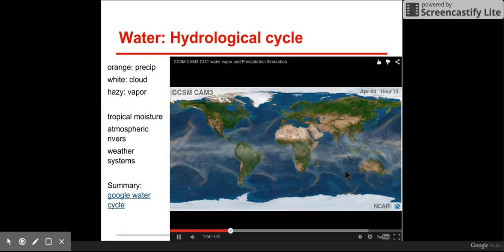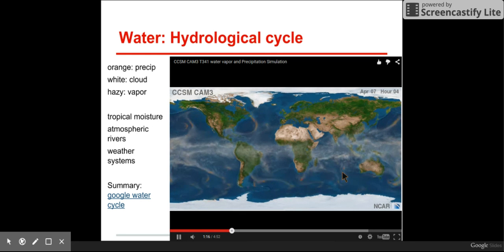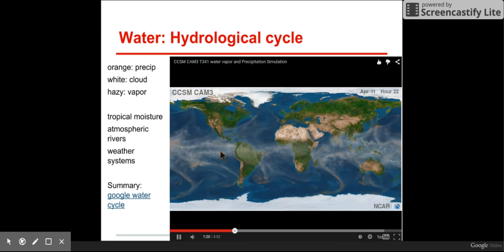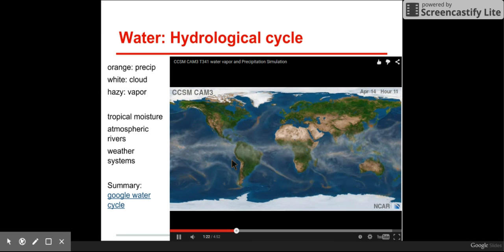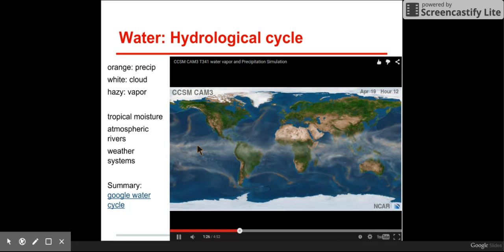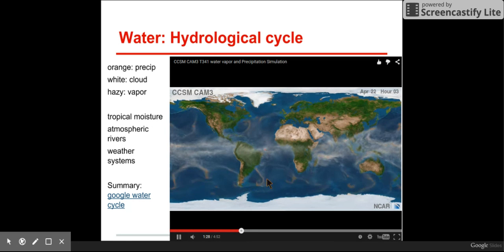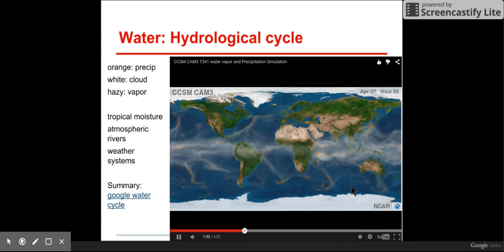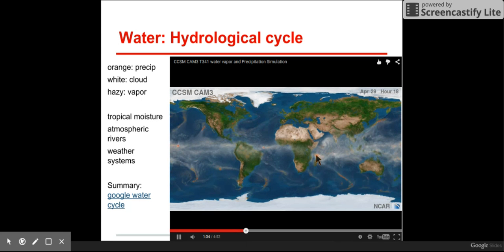Let me just quickly go over what we're looking at here. You see various forms of atmospheric water depicted here. In orange is precipitation, and you will see those along these wisps of cloud going towards the poles, as well as in the tropics over here.